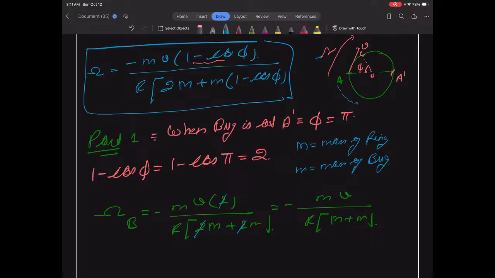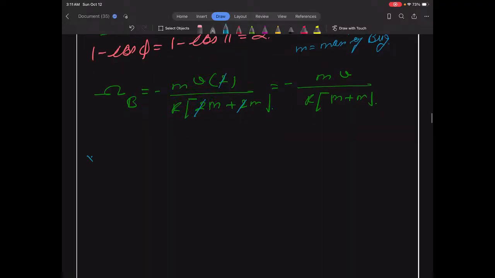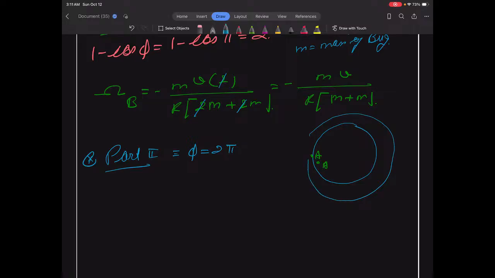And we come to part B, the second part, and for the second part it is asked that the bug started from point A and comes back to point A. For that we can say that the value of phi will be equal to 2 pi, because the bug comes a full circle like this.